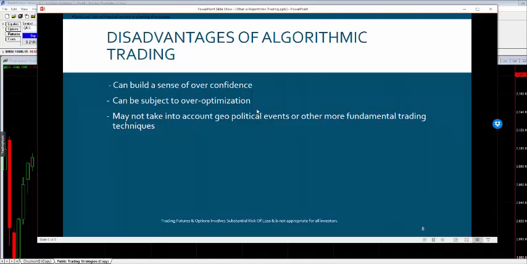Some of the disadvantages, though, is that it can build a sense of overconfidence. It can also be subject to over-optimization. So again, another thing I'll talk about in another video, but when you write the algorithm and you optimize it, ideally there would be no optimization.